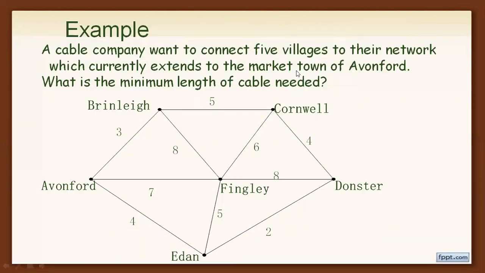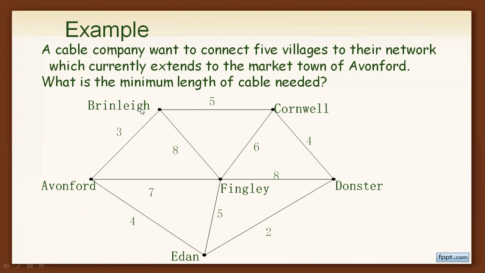Now here we will discuss one more example of applying minimum cost spanning tree. Consider this example. Here there are various villages or cities, namely A, B, C, D, E, F. This is A, one village name.